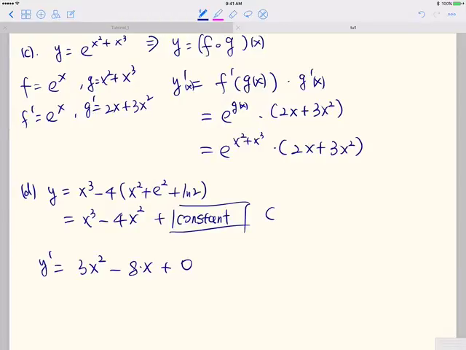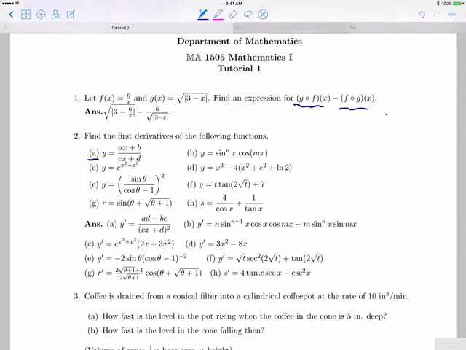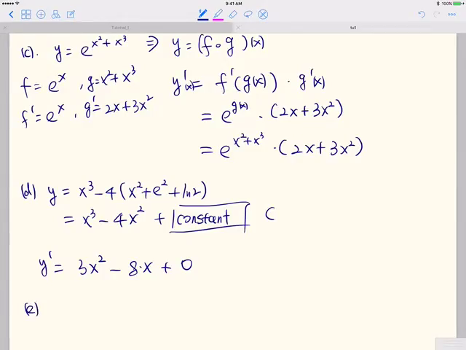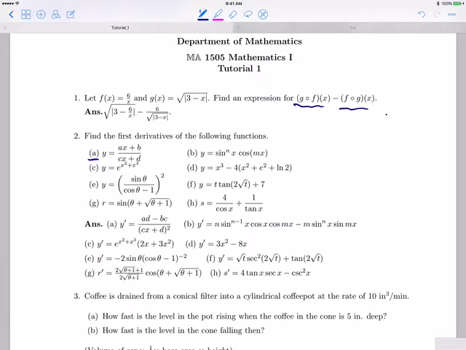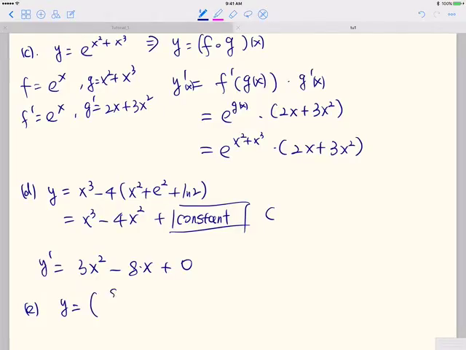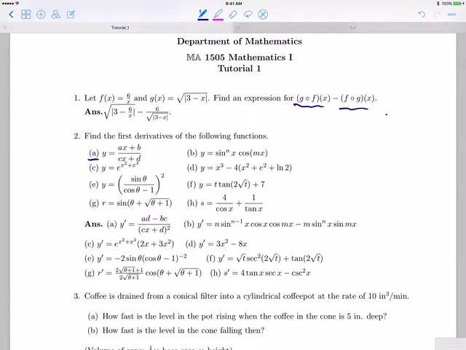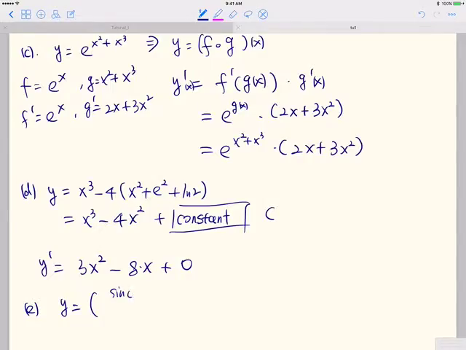So let me see what we have left. For this E, y equals sine theta over cosine theta minus 1, squared. So now the variable here is theta. Actually this one is kind of complicated.